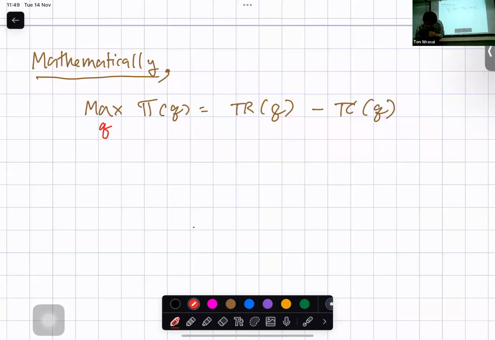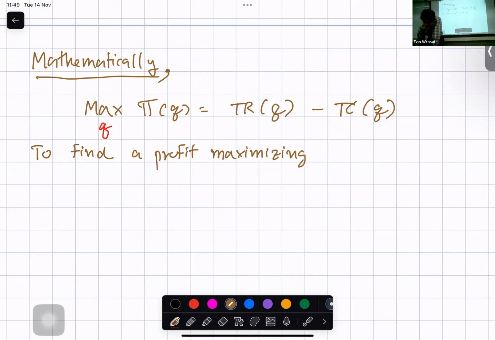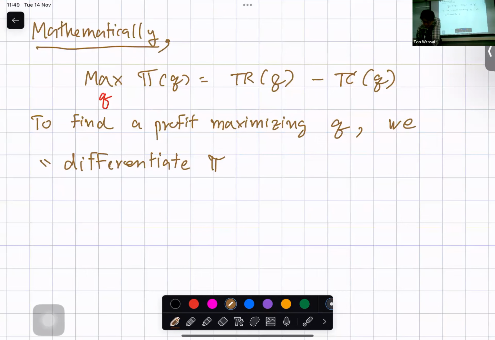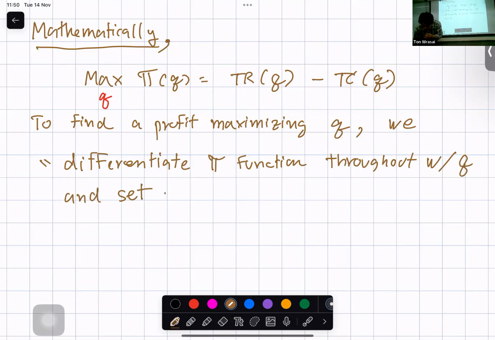And to find a profit maximizing Q, okay, the instruction manual suggests us to do this.